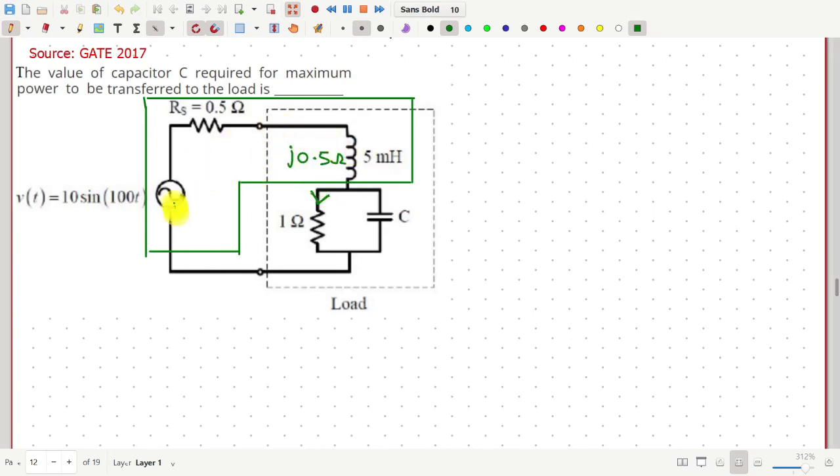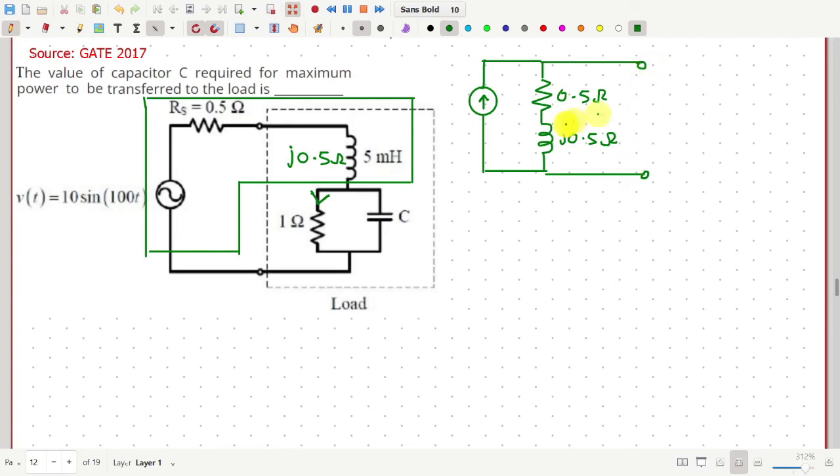And then the Norton equivalent of this green portion of the circuit will be a current source in parallel with this resistance and inductor in series. This is 0.5 ohm, this is J 0.5 ohm. So this is the Norton equivalent.